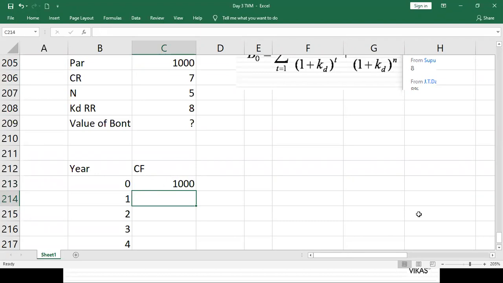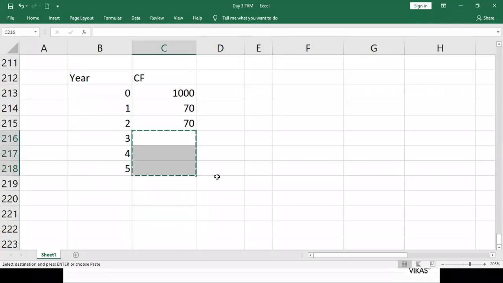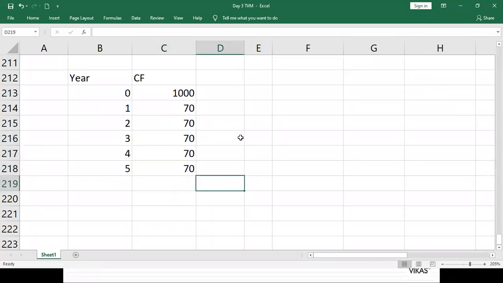How much? 7, no, wrong. 70, yes. 70 rupees. End of year one, you will receive 70 rupees. And year 2, 70. You get 70, 70, 70 for 5 years, 70 rupees at the end of each year.